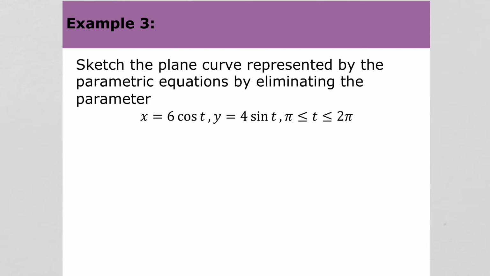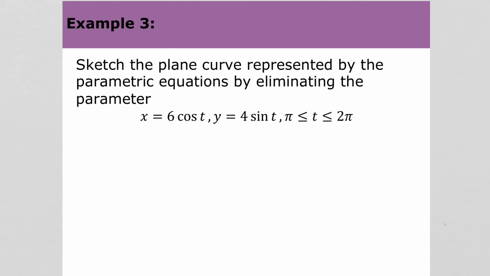Well, this might not be the first thing that comes to your mind, but we know that way back in the beginning of the semester and throughout, if we use the Pythagorean identity of trigonometry, then sine squared plus cosine squared equals 1.